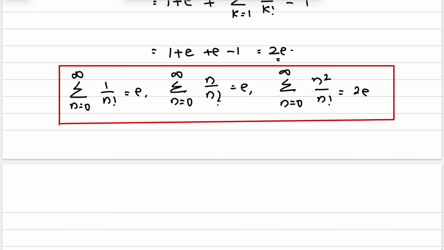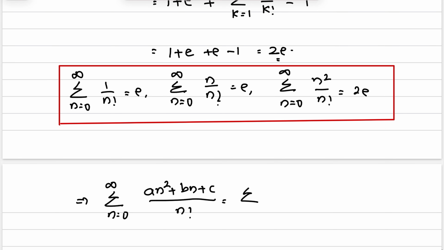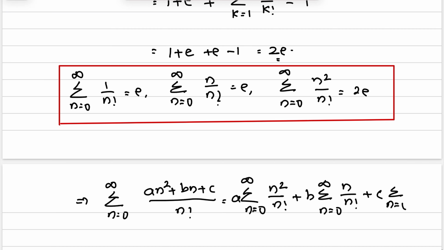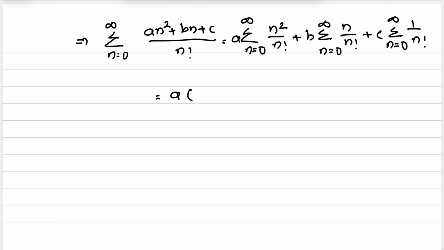You can directly write sigma n is equal to 0 to infinity 1 by factorial n is equal to e, sigma n is equal to 0 to infinity n by factorial n is equal to e, sigma n is equal to 0 to infinity n square by factorial n is equal to 2e, which implies sigma n is equal to 0 to infinity an square plus bn plus c by factorial n is equal to a into sigma n square by factorial n plus b into sigma n by factorial n plus c into sigma 1 by n factorial, that is equal to a into 2e plus b into e plus c into e.